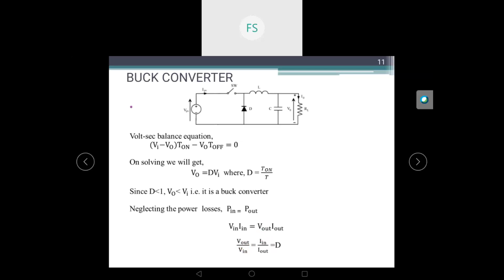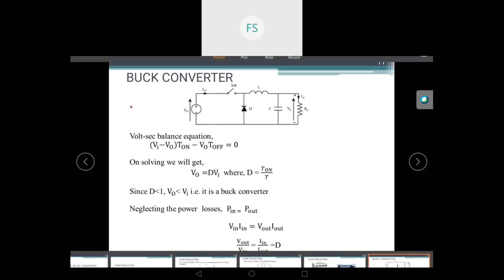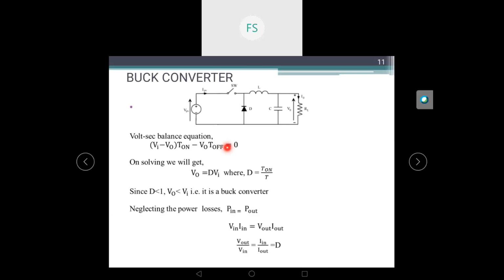If you substitute V out as V2 and V in as V1, and correspondingly for the current parameters, you will get the same equation as a transformer. So the buck converter is actually known as a DC to DC step down transformer. That point is very important, and I will tell you more about it later.